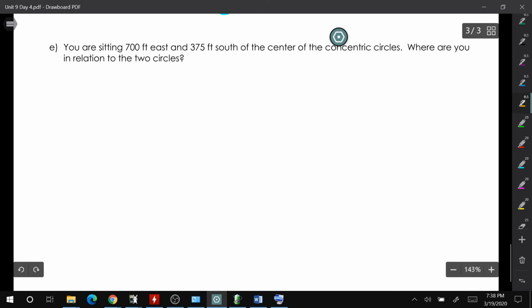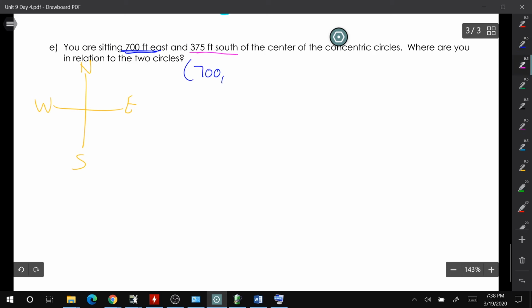Okay, so again, if we look at our compass, east is a horizontal direction. So this tells us that the x-coordinate of our point is positive 700, and then 375 feet south, so that's going down, so negative 375. So that is our point. That's where we're sitting.